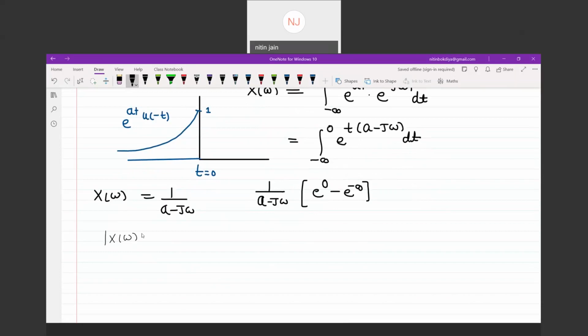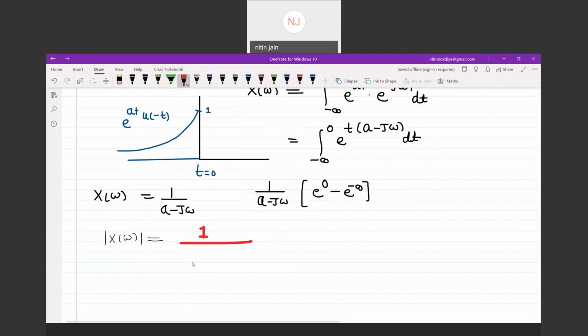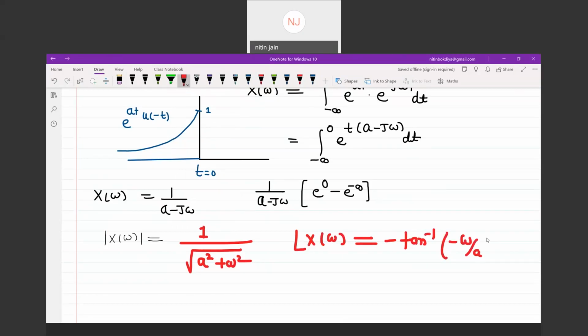So you can say the magnitude of this function is equivalent to 1 divided by the square root of a squared plus omega squared, and the angle of this is equivalent to minus tan inverse of minus omega by a. So for different values of omega, we can draw this curve.